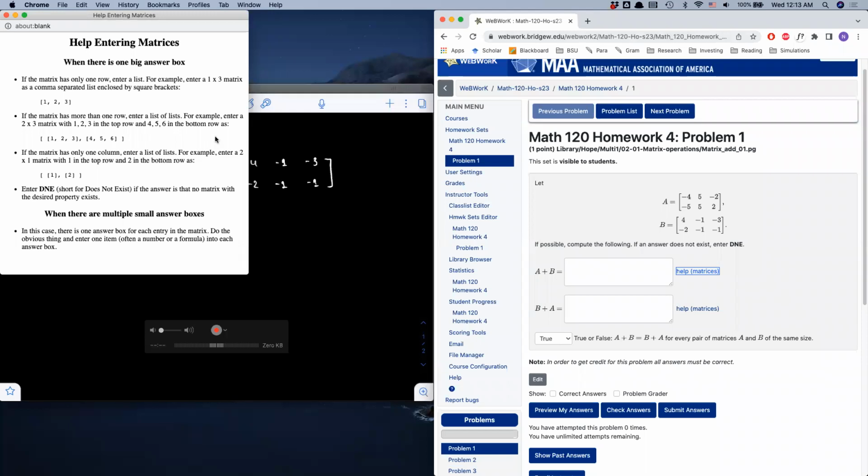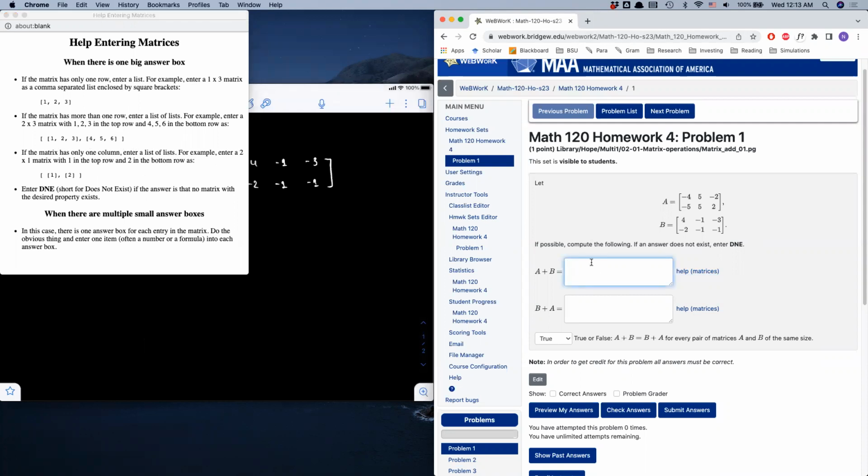Now to input your answer, if you click on the help matrices button right here, it will give you some idea how to enter the answer into WebWork. For our problem, the result has 2 rows and 3 columns, so we're going to use this particular choice right here.